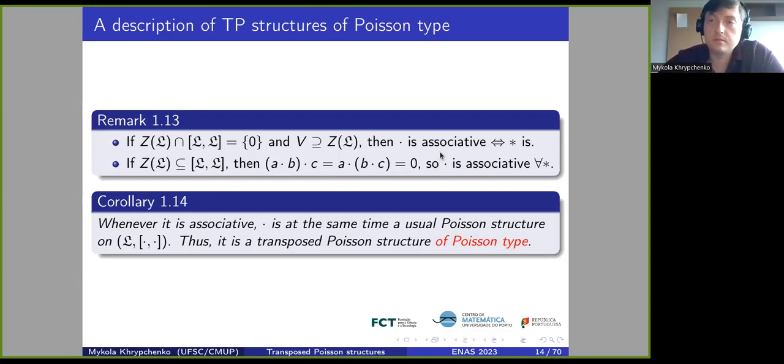So you just take any commutative operation and it extends to a transposed Poisson structure, and vice versa. Any transposed Poisson structure restricts to a commutative operation on this component. So you have some kind of description of transposed Poisson structures of Poisson type in this case.